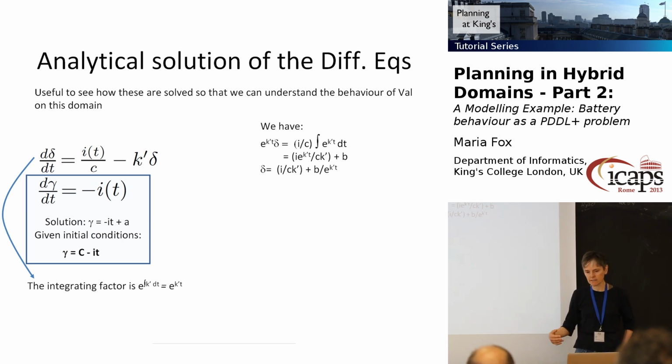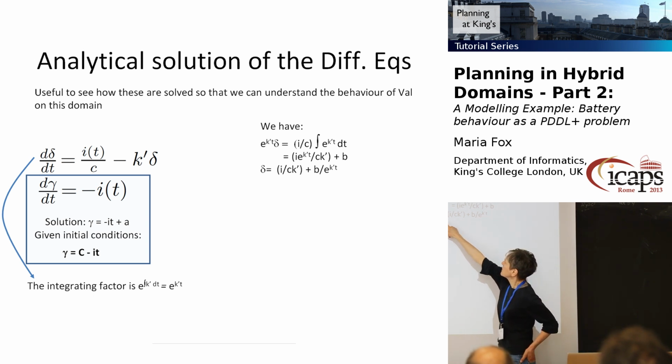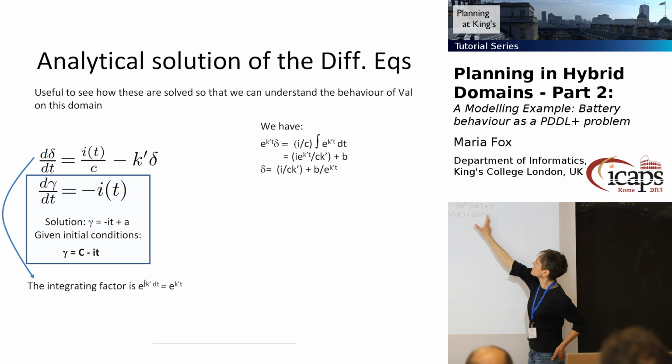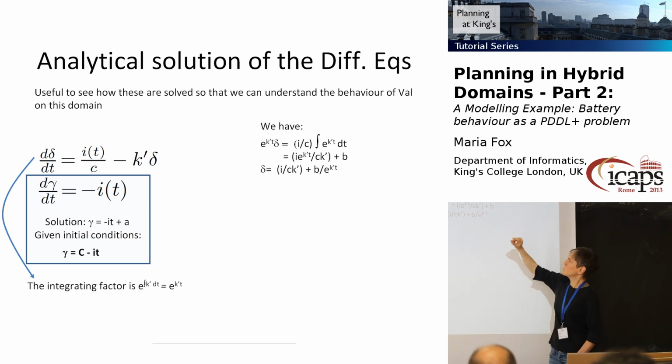And now we are going to solve that, and basically we get to the point where we have delta equal to these two components, so I over c k prime plus b over e to the k prime t. Remember, k prime is just k over c times 1 minus c, and if you work through all the algebra, you'll see where that happens and where k prime comes into it.